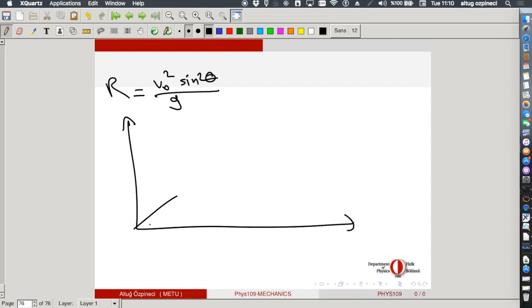Let's say that this is 30 degrees or pi over 6. This is also pi over 6. One is 30 degrees, the other one is 60 degrees. They have the same initial velocity, initial speed.